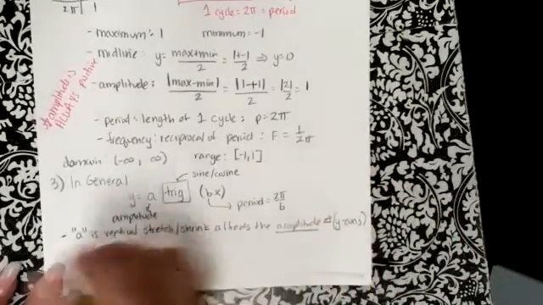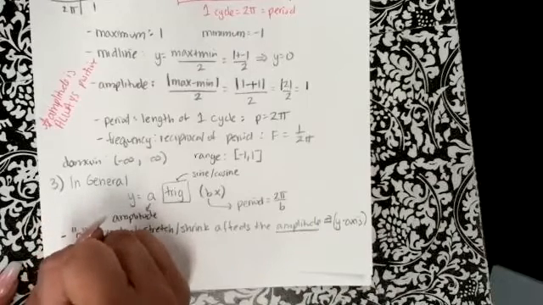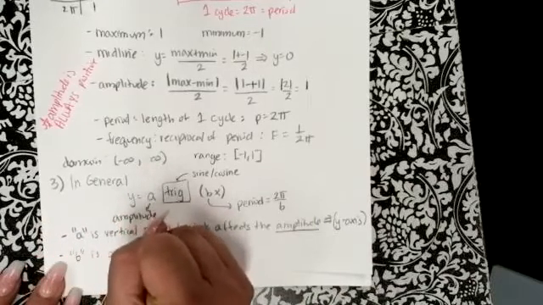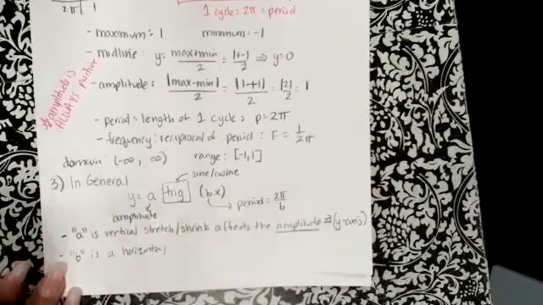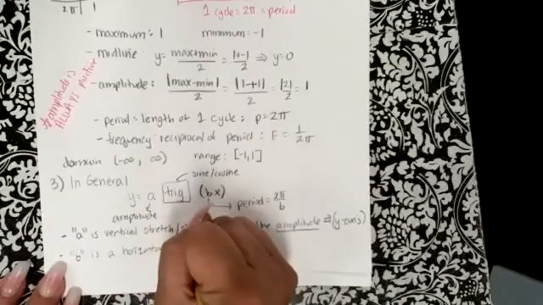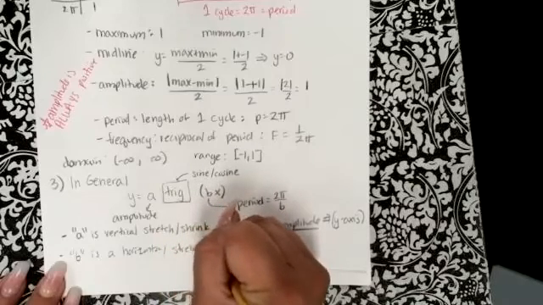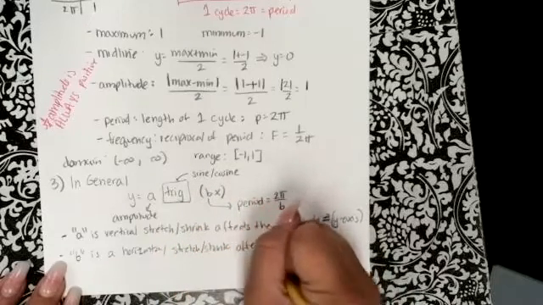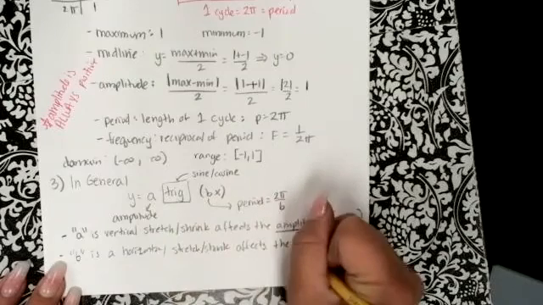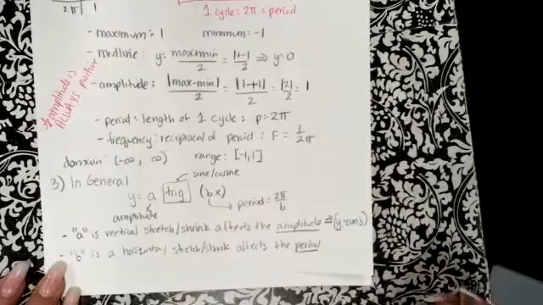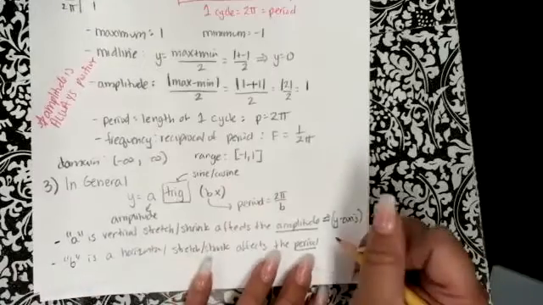Now the B value is a horizontal stretch or shrink. That affects the period, which is the x-axis.